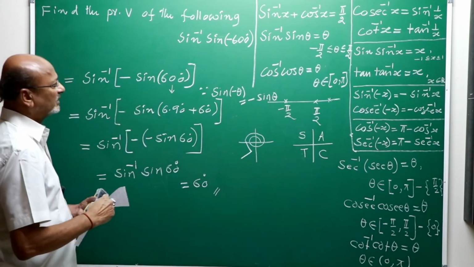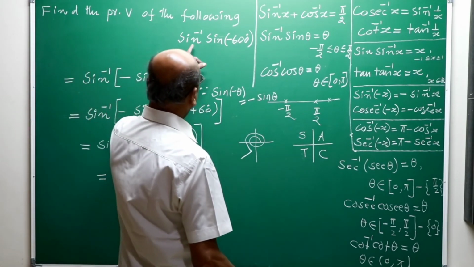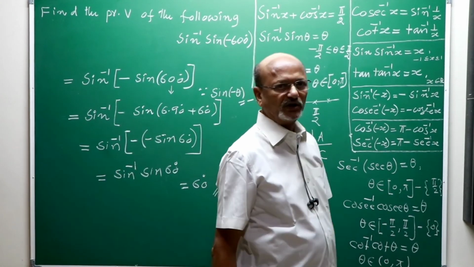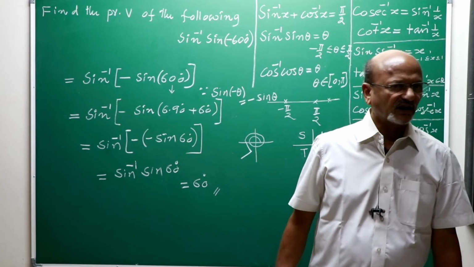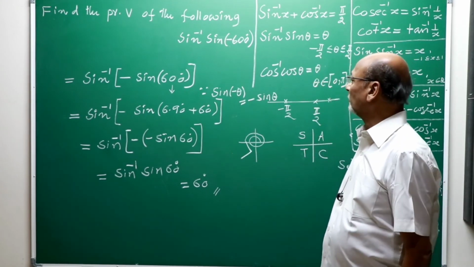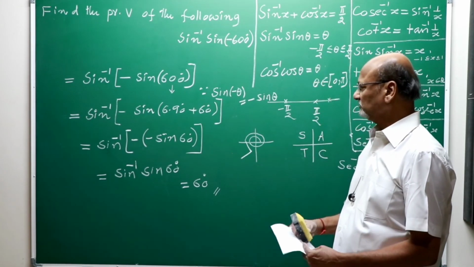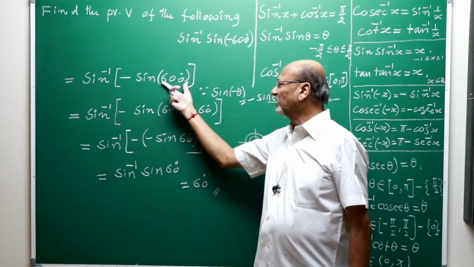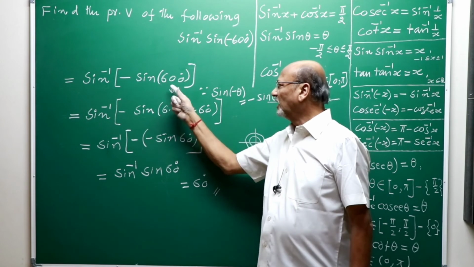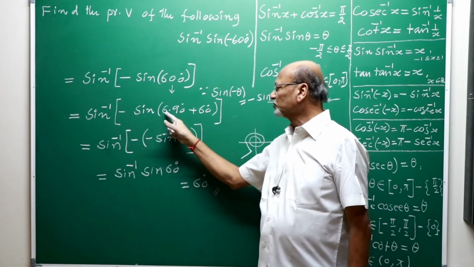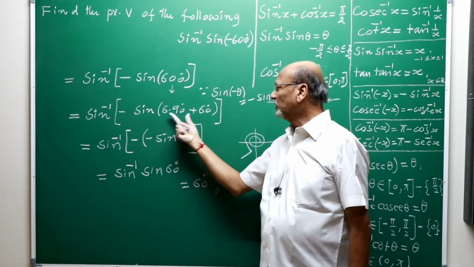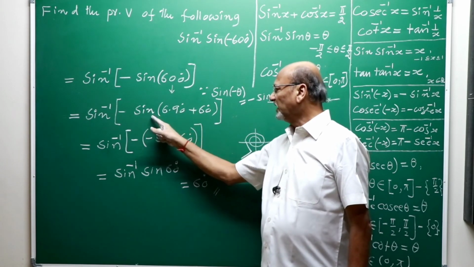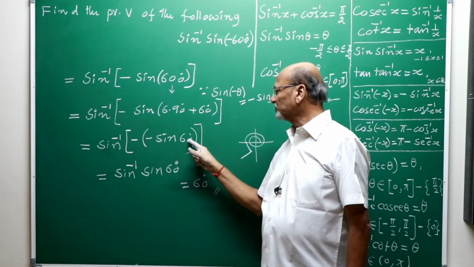Yes, my friend. I explain once again. Find the value of sine inverse sine minus 600. First you have to make use of sine of minus theta, minus sine theta. Minus comes out. 600 is greater than 90. Divide by 90. Quotient 6, 6 into 90 is 540, plus 60, 600. Again, even multiple. Sine remains sine of angle 60 degrees.